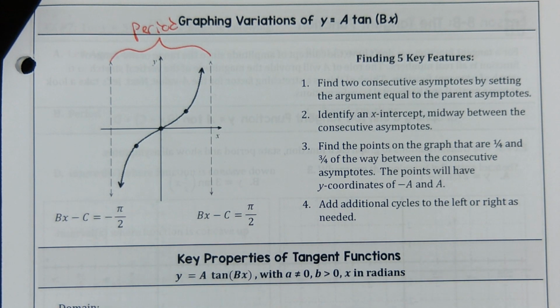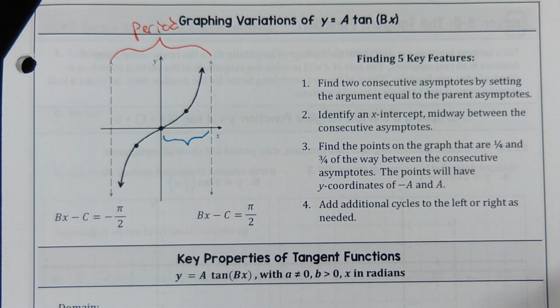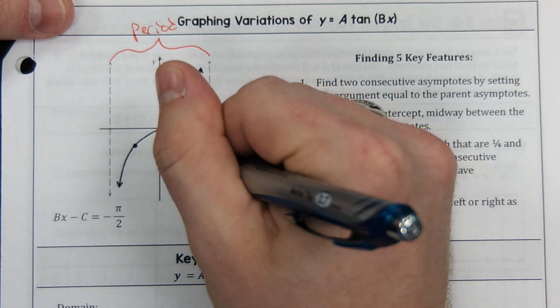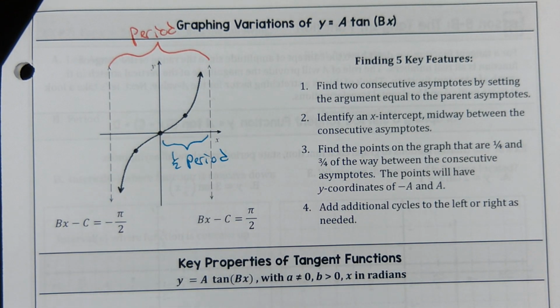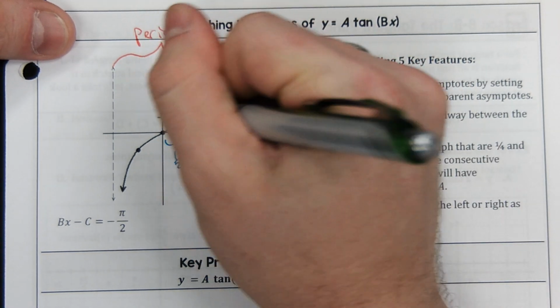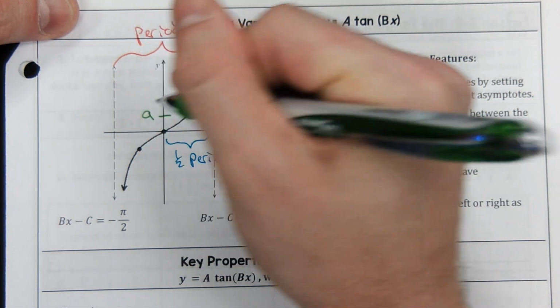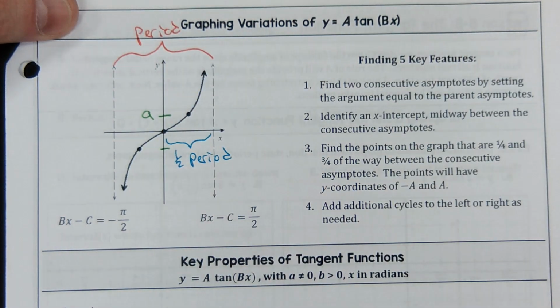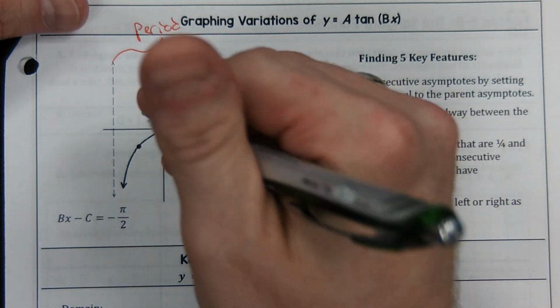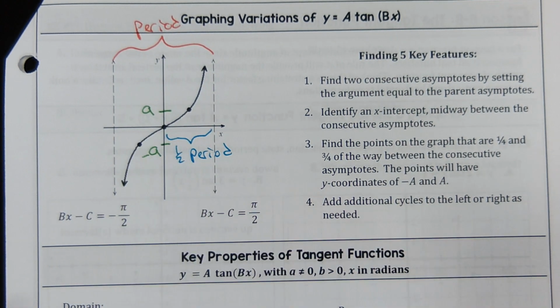And I know that from inflection point to asymptote is half period. And I know that this number is going to be whatever the A value is on the front. And this number will be whatever the A value is on the front, but negative. Now, obviously, if the graph is upside down, the X value where it occurs is going to change.